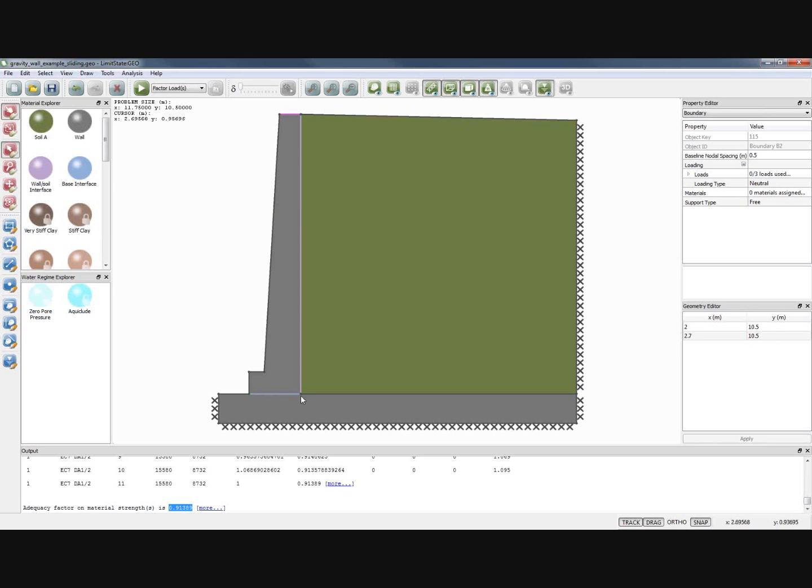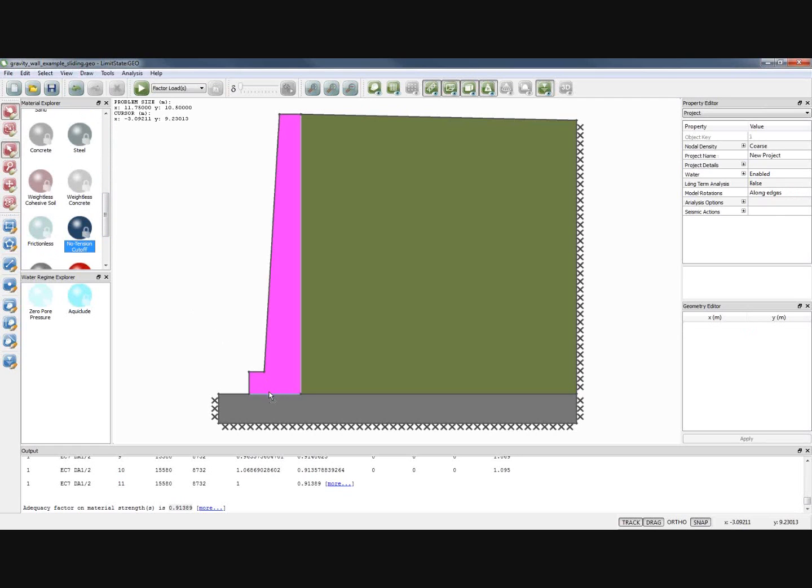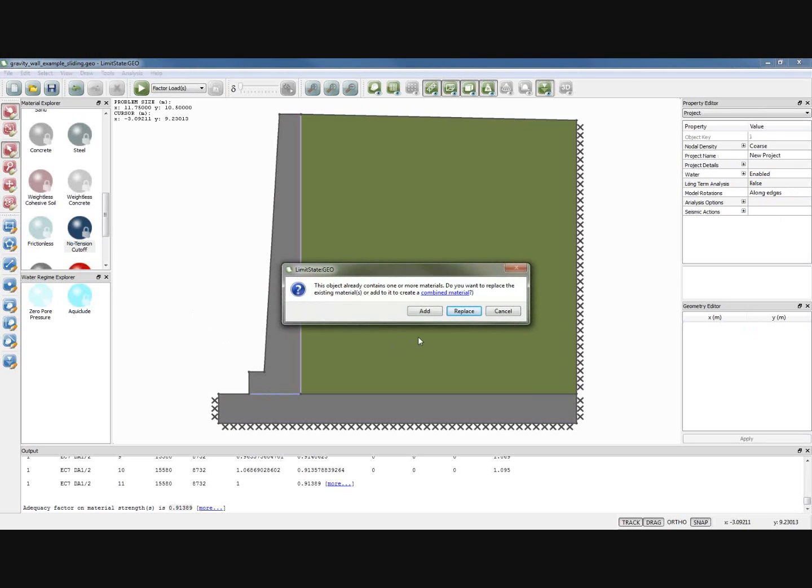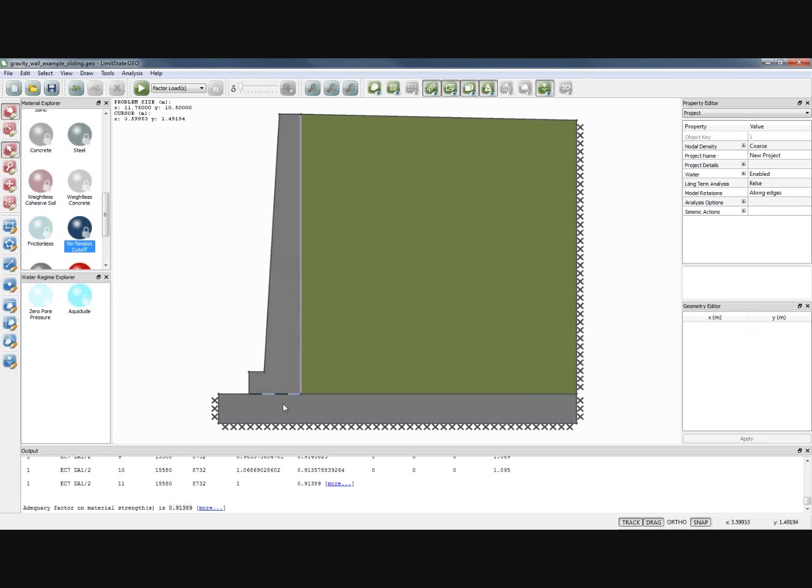It models a frictional interface, and as a general rule, we also add a no tension cutoff material, and I can just drag and drop that material onto the interface that I want, and I'm going to say add here. That gives me a combination of a no tension cutoff and the interface material, and that allows the interfaces to come apart as you might get if you've got rotation about the toe.